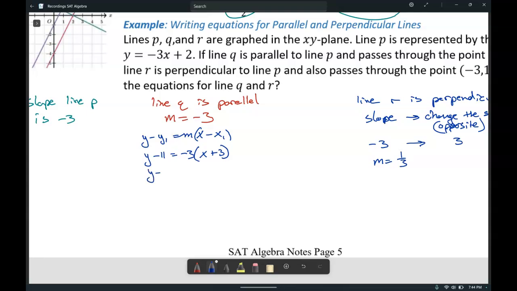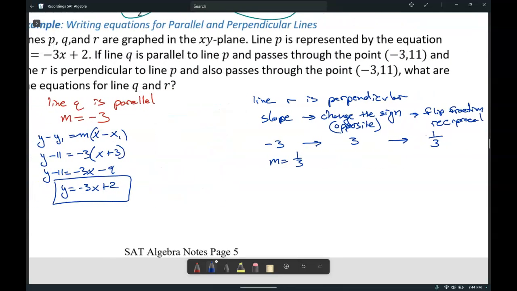We will distribute: -3x minus 9, and then we'll add 11 to get -3x plus 2. There's our equation in slope-intercept form. We'll do the same thing over here. y minus 11 equals 1/3 times (x plus 3).